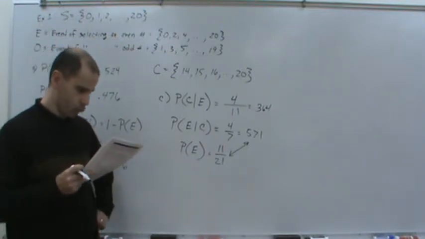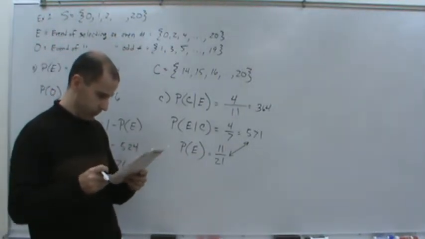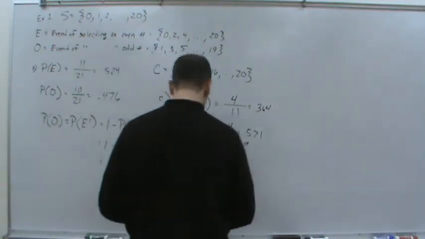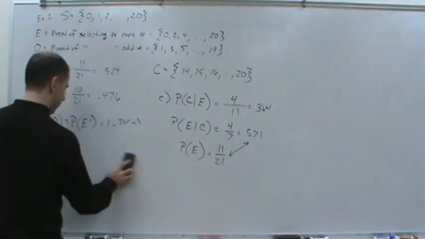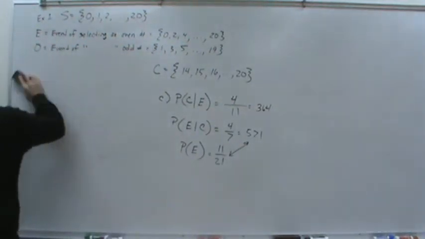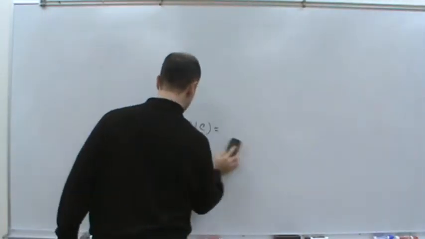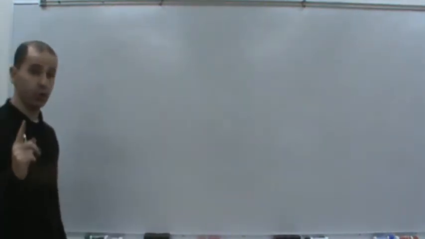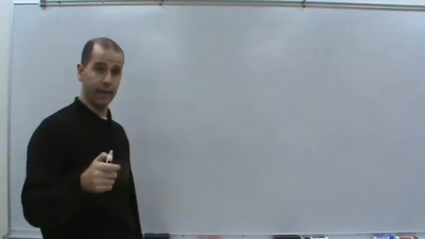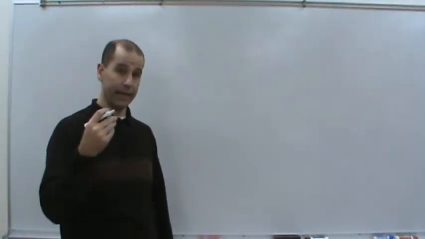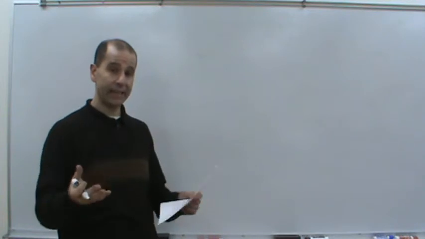Here's another example I want to do. This will be the last example. Let's say we have a table and we're rolling 2 dice. We're going to create this table of all of the possible outcomes. This is an example of where a lot of things are going to come into place.